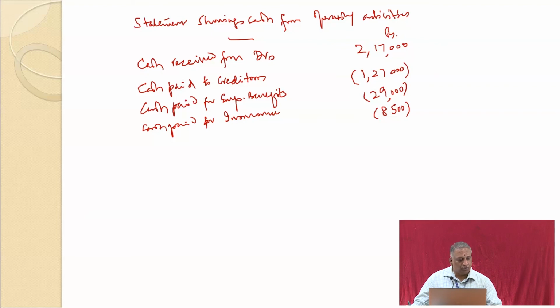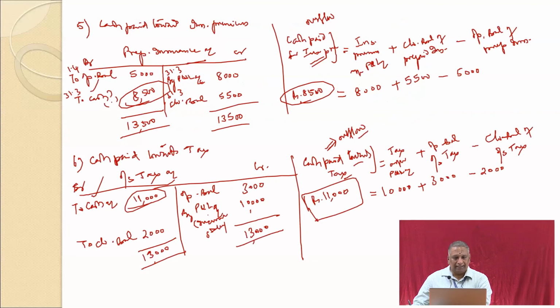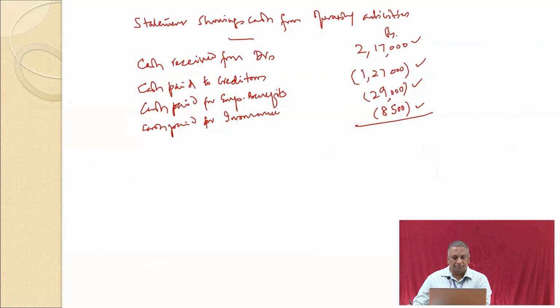So from out of 2,17,000 of cash received from debtors, we have to subtract cash paid to creditors, which is 1,27,000, and 29,000 towards employee benefits and 8,500. All these numbers are taken from the respective calculations or workings.